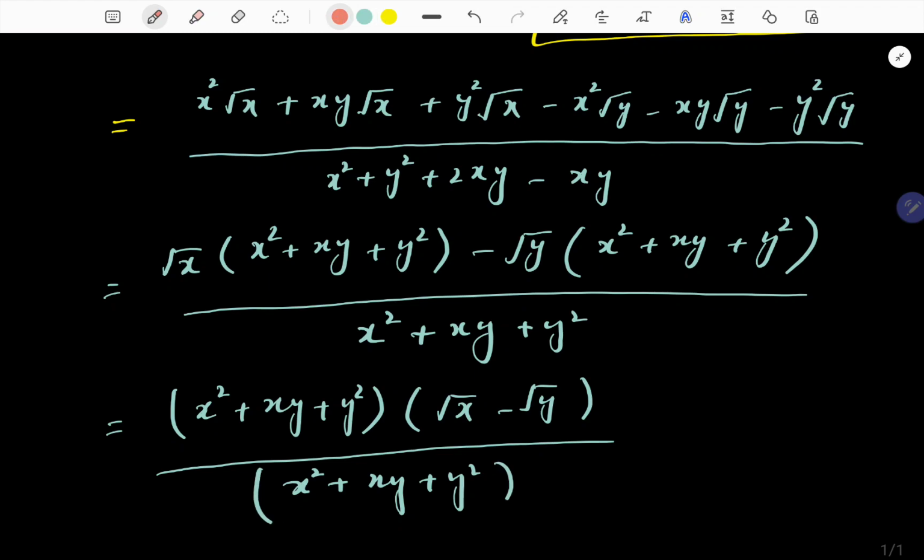We can see that this term will cancel out with this term, and we will get the simplified answer as square root of x minus square root of y.